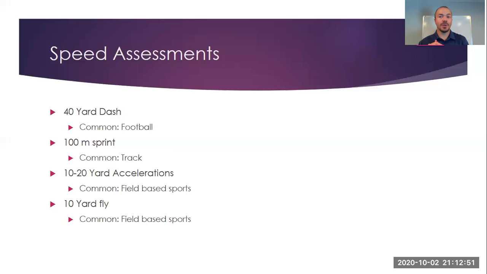So let's say you have an approach zone of 30 yards. Then from yard 30 to yard 40 would be your 10-yard fly. You would measure them in those 10-yard segments between 30 and 40 yards. And that allows you to see how an athlete is able to run or produce force when they're already in motion, which is really common in sport.